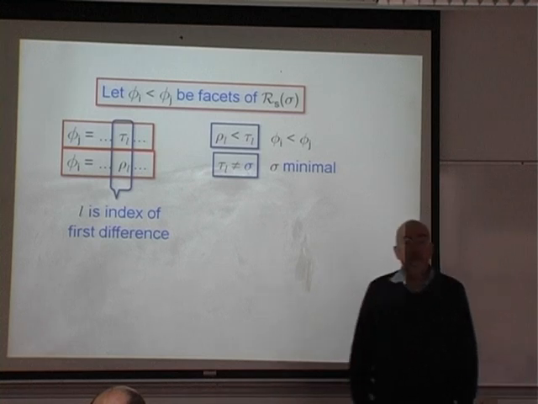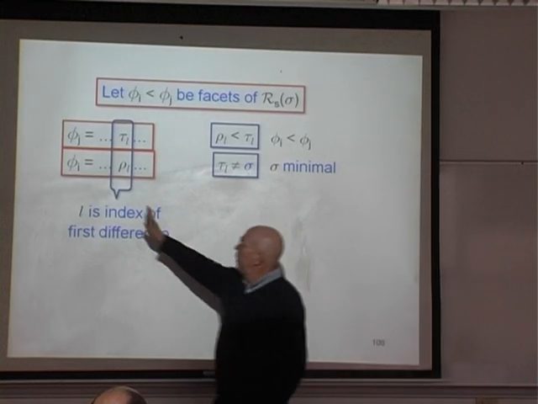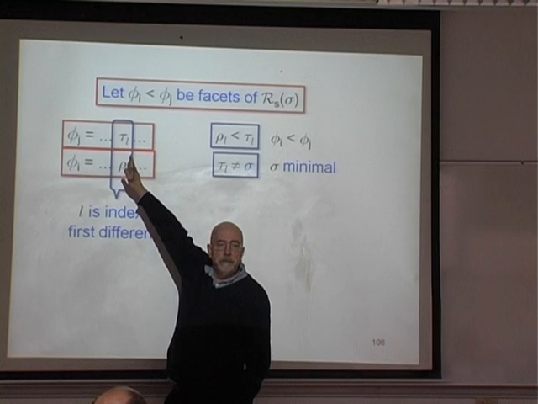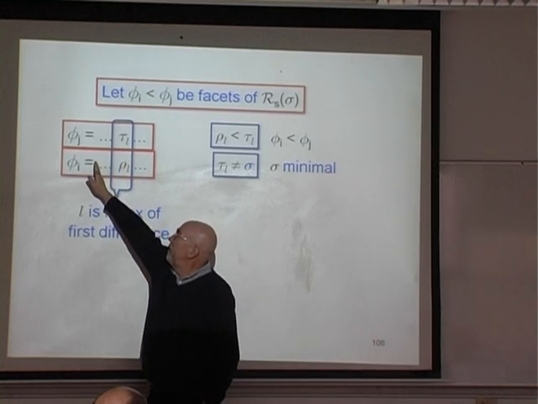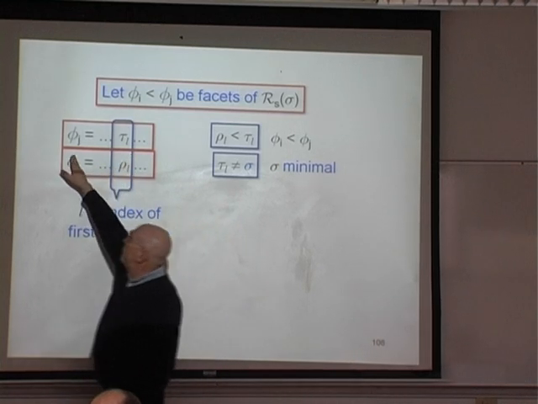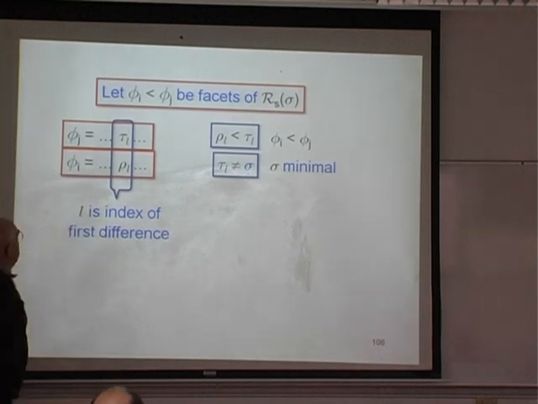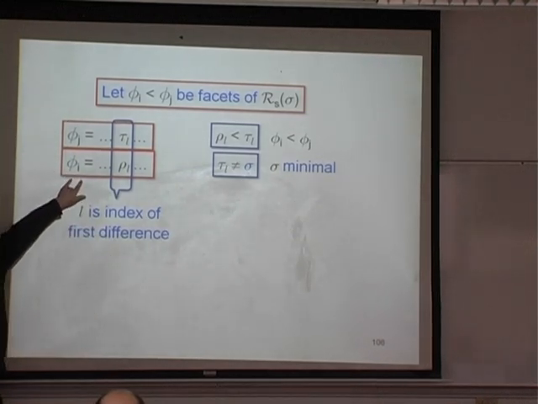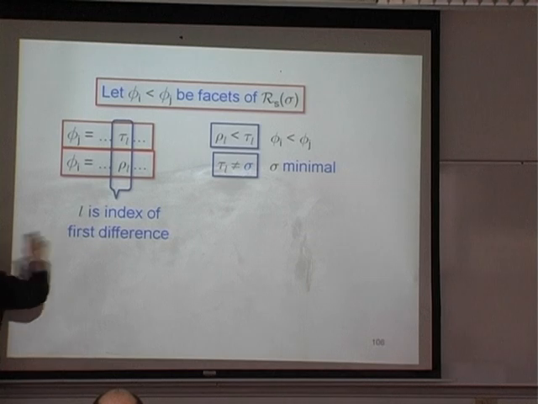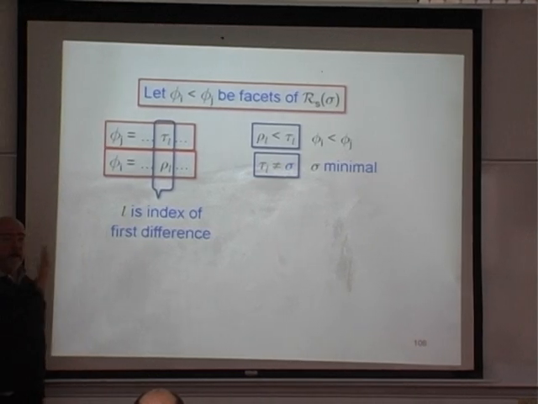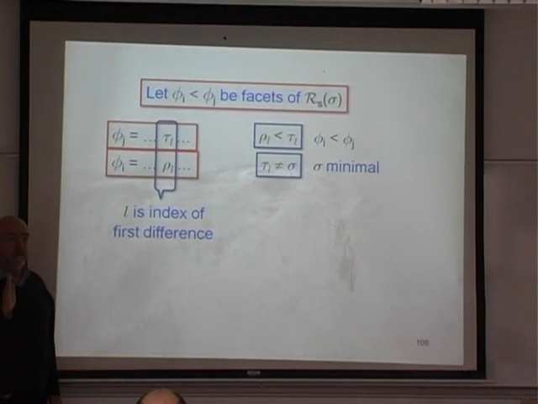Because we're ordering them lexicographically by these symbols, we start at the beginning. So I pick an arbitrary phi sub j, and then for any phi sub i that precedes it, we're going to line up their signatures and then run down until we find the first place where they differ.